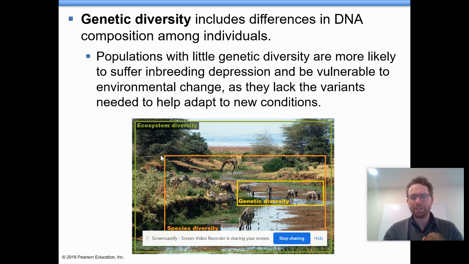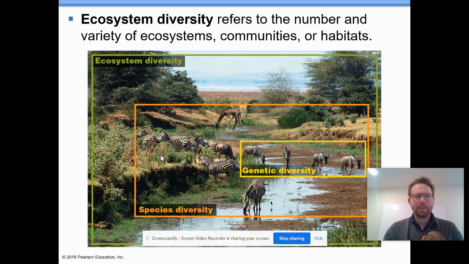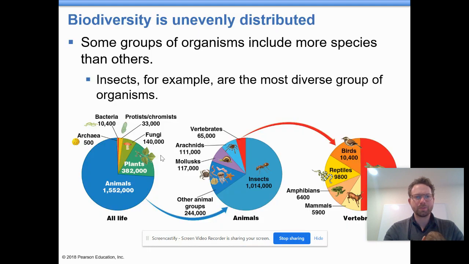And over many generations, the diversity can go down. It makes them vulnerable. And then ecosystem diversity, which is the number of ecosystems or habitats and a variety of places to live as organisms.